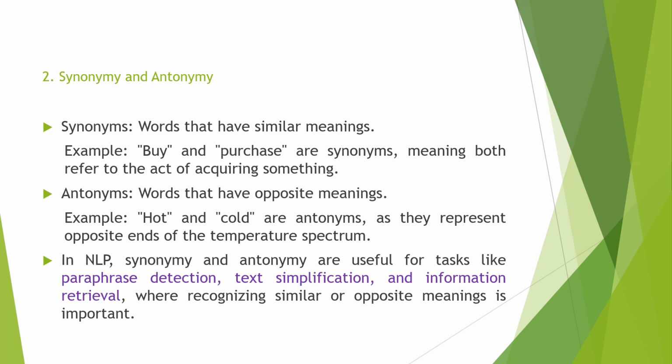For example, hot and cold are antonyms, they represent opposite meanings. In NLP, we analyze these meanings of words to improve tasks like paraphrase reduction, text simplification, text generation, and information retrieval.